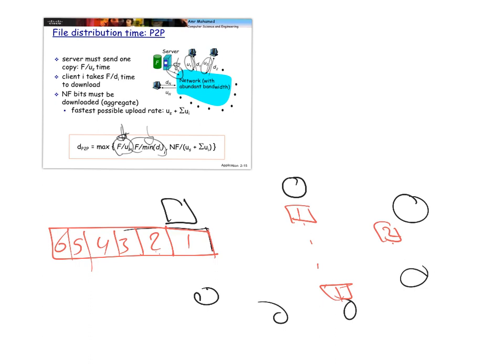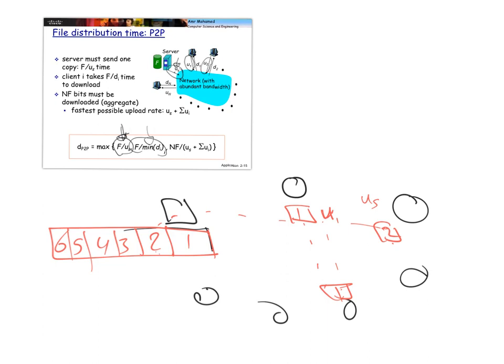It used the rate of the server, which is US, if US is not a bottleneck. And this one used U1, the upload rate of client 1.